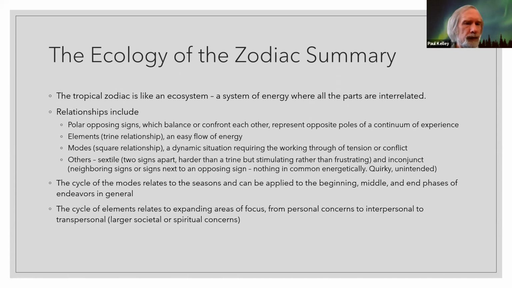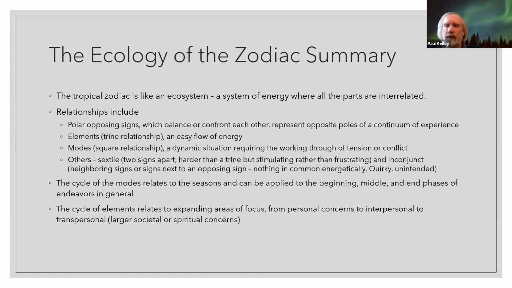Relationships include polar opposites, which balance or confront each other. An opposition represents the two sides of the coin or the opposite poles of a continuum of experience. So remember, we talked about things like security and identity and what you focus development on, the individual versus the collective, things like that.